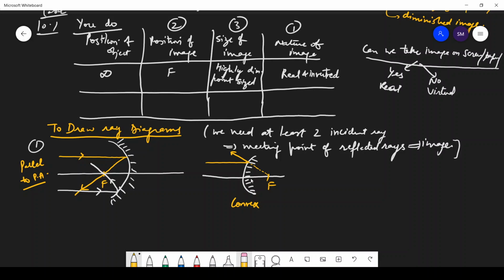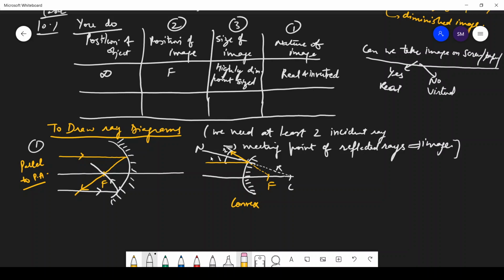So how will you draw the angle of incidence and reflection? This is your focus. You will have your center of curvature over here, so join this. This will be your radius and this will be your normal over here, with the tangent, and you extend this radius. So this will be your angle of incidence and this will be your angle of reflection.